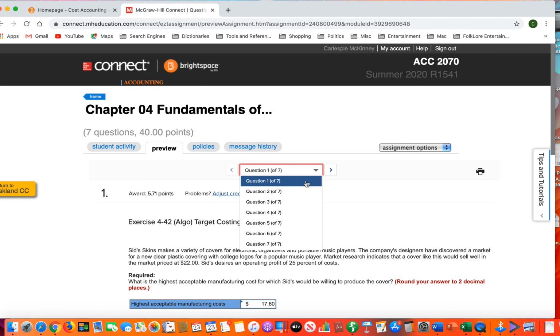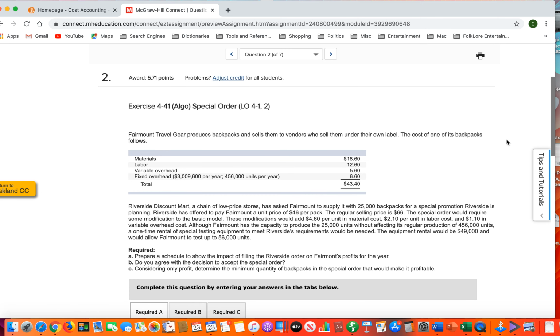The next problem has to do with the backpacks. Now you notice here it tells you that you have a special order for 25,000 backpacks, and instead of paying $66, which is the regular price, this company wants to pay $46 for each backpack.